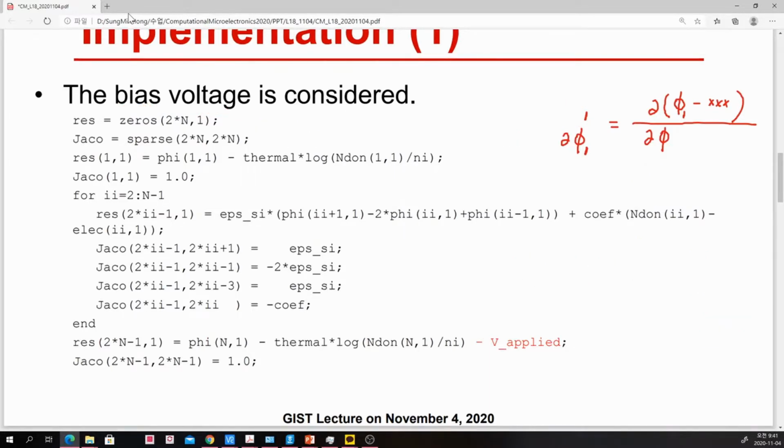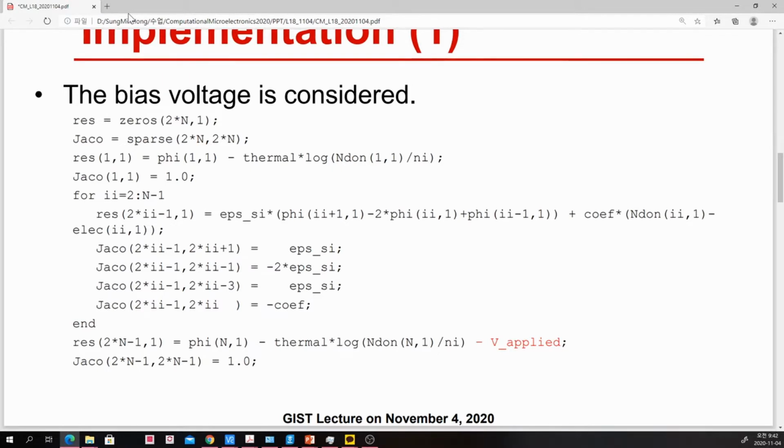I think that we are really going slowly. The reason why I'm going slowly these days is that this part is particularly important. Drift diffusion is actually at the center of computational microelectronics. So if you have not done your homework properly, then please take your time to cover this lecture material.